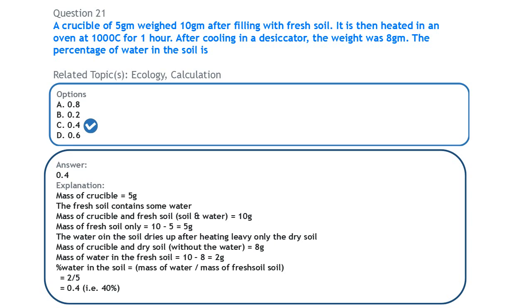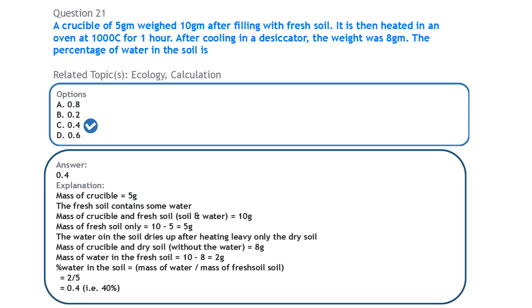Now, after that soil was heated and cooled in a desiccator, its weight was 8 grams. What we are trying to do here is to calculate the mass of the water in the soil.